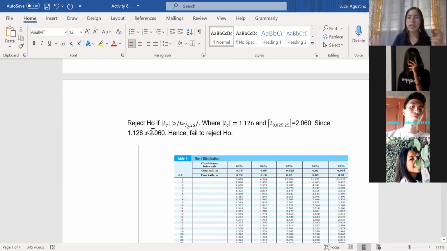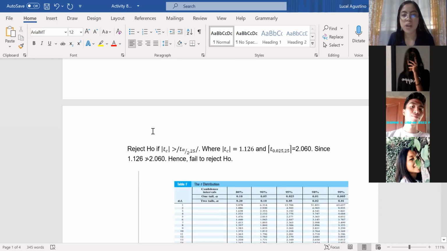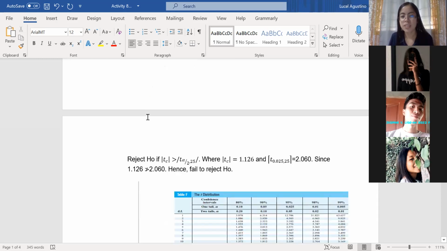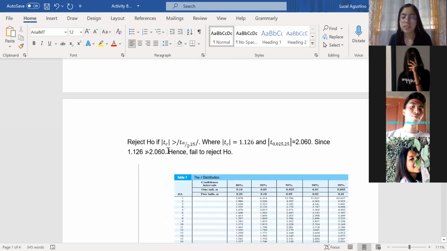So remember this one, as a review sa aton nga hypothesis testing lesson, reject H0, so that is default ha, reject H0 if t computed absolute value, so kung negative to ang aton t value, so negative 1.26, so absolute value is greater than t alpha over 2, and then your number of sample size or degrees of freedom na siya ang tawag df.